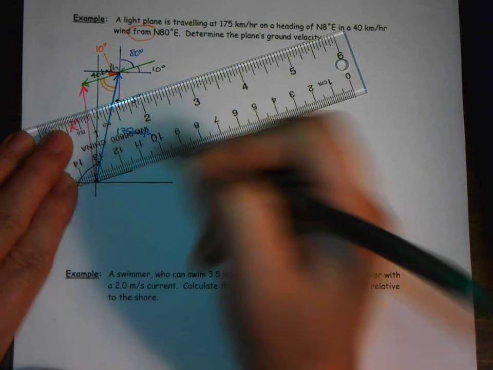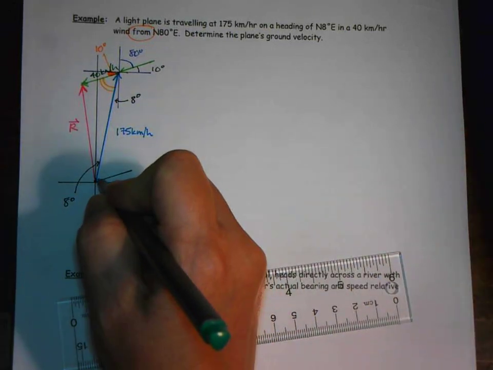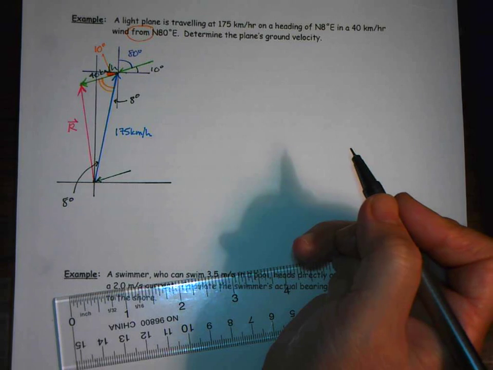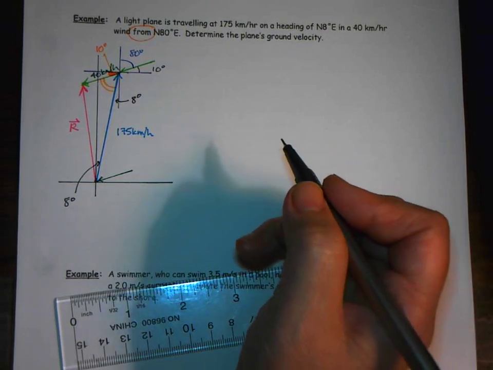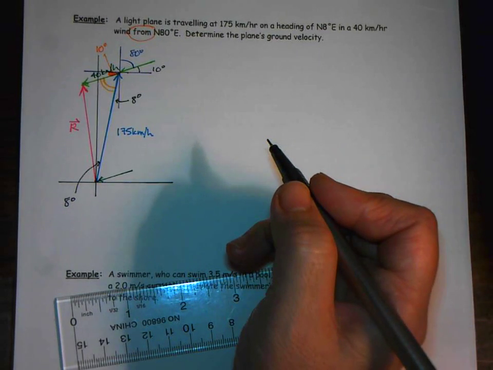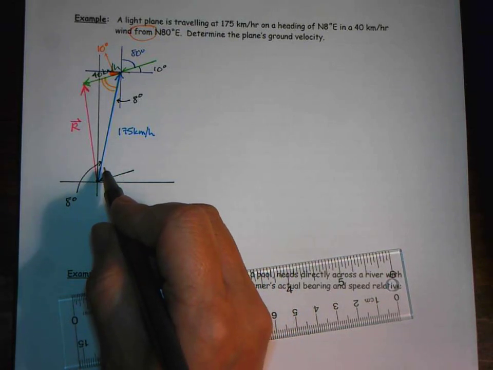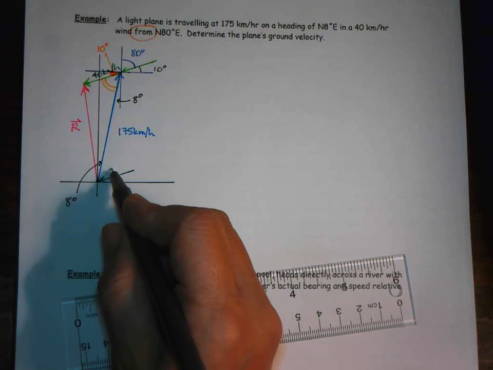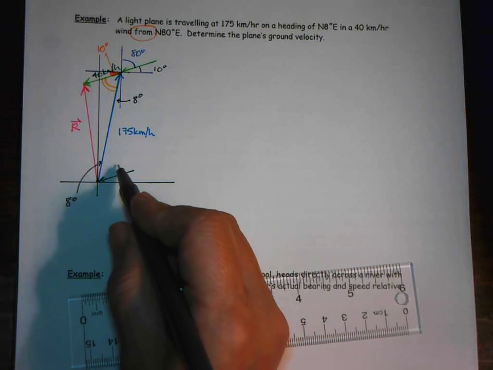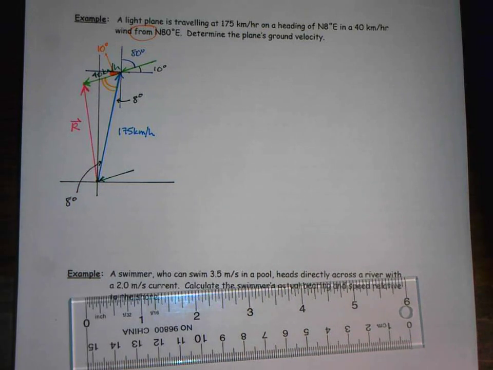So you have the wind vector over here. That's your wind vector. And this wind vector is coming in at an 80-degree angle. So this angle over here is going to be 80 degrees from here to here.